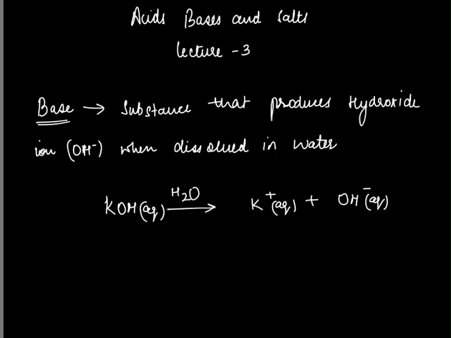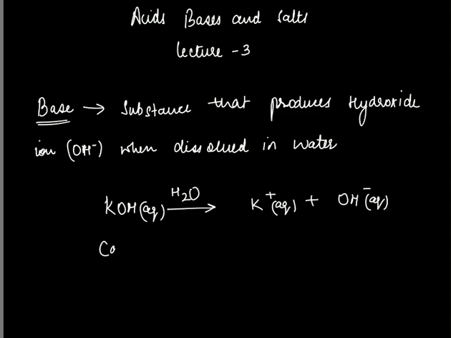Now, if you remember from the previous lecture, we discussed the basicity of an acid. It's a little tricky sometimes to understand the basicity of an acid in spite of having many hydrogens in it. In the case of bases, it's not that tricky. It's easier to find out from the formula itself.